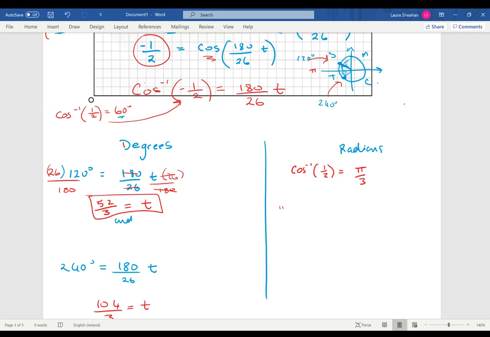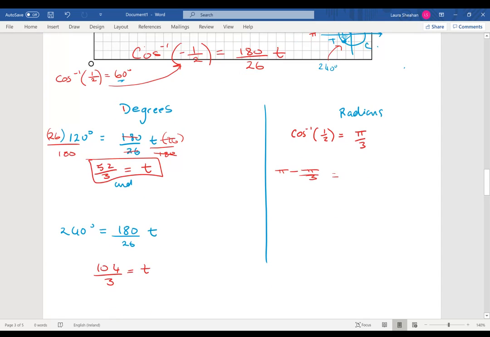So we'd be talking about pi minus pi over 3, and you can do that on your calculator, and that will give you 2 over 3 pi.